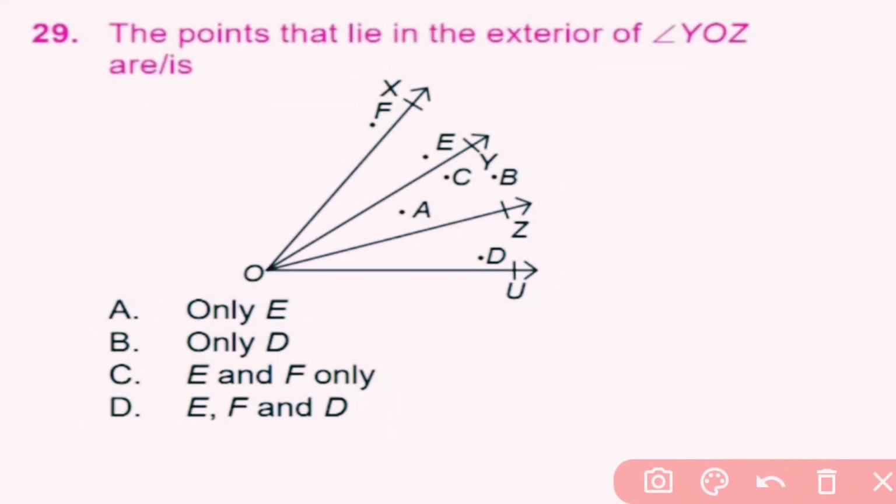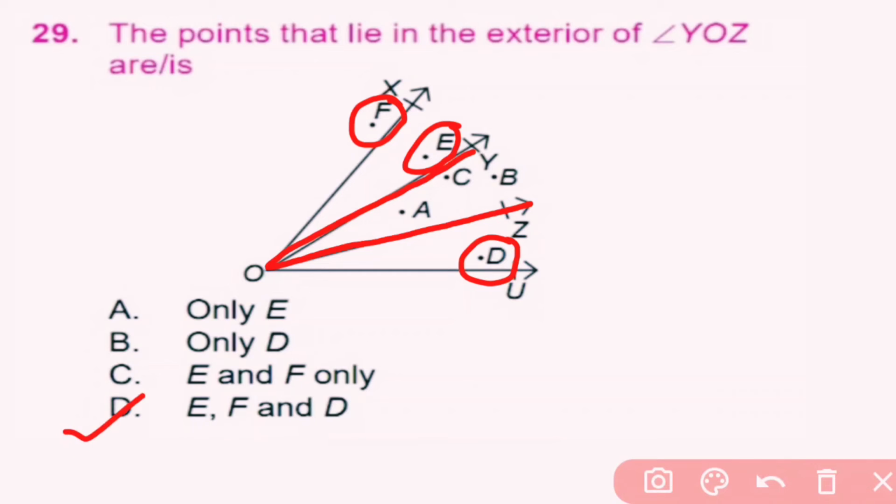Question number 29. The points that lie in the exterior of angle YOZ are. Here YOZ is an angle, and F, E and D are the exterior points of angle YOZ.